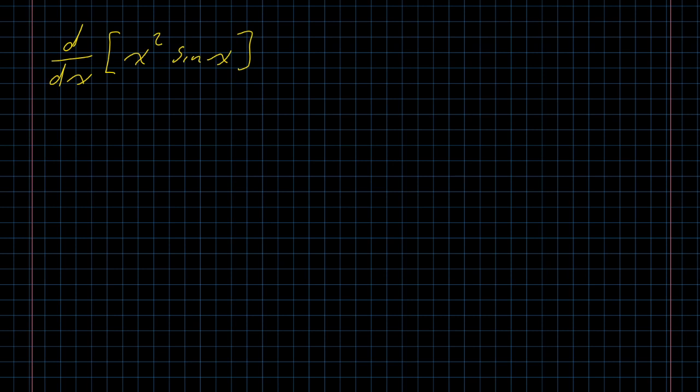And to take this derivative, we are going to need to use the product rule. The derivative of x squared is 2x, multiply that by sine x. Then add to that x squared times the derivative of sine x, which is cosine x. And it doesn't take that much work, but it is something that uses a rule that doesn't get that much love otherwise.